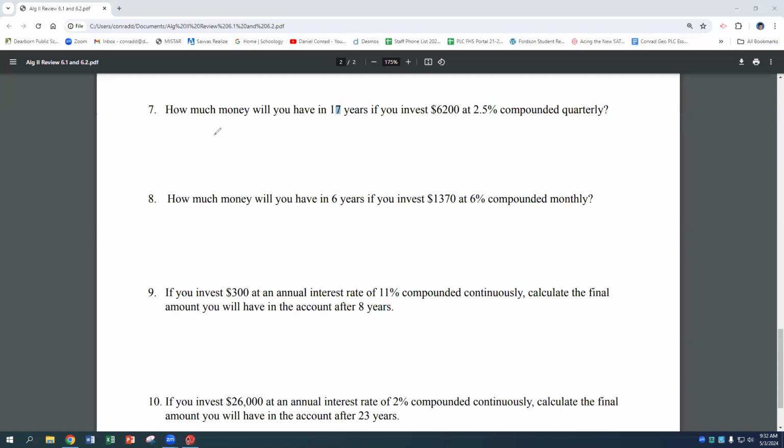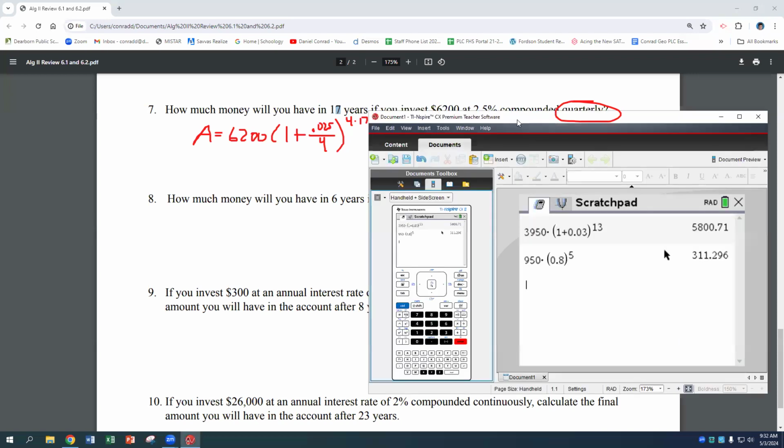All right, so we have an initial amount of 6,200. 1 plus r over n, so this is going to be 0.025 over n, which is 4 because it's compounded quarterly. And then to the nt, which is 4 times 17.